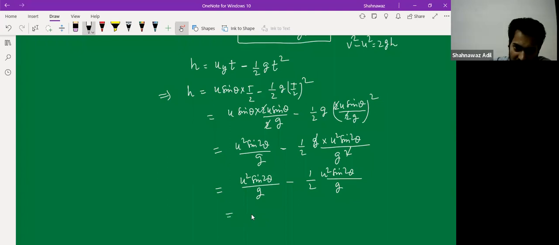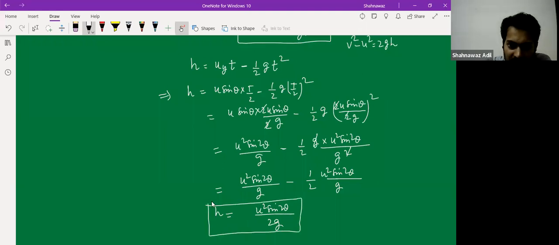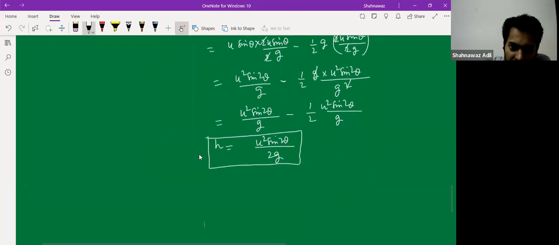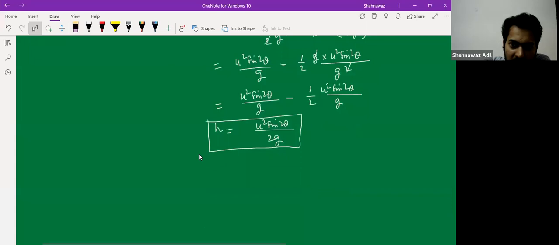So this will be u square sine square theta by 2g. So this is h. Any question? Any question up to this point? No, sir. Okay.